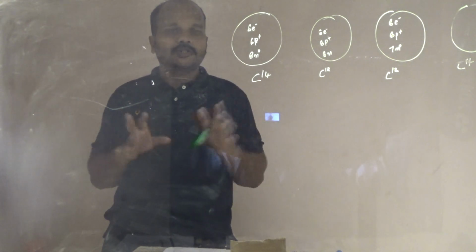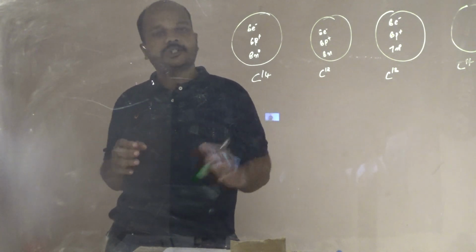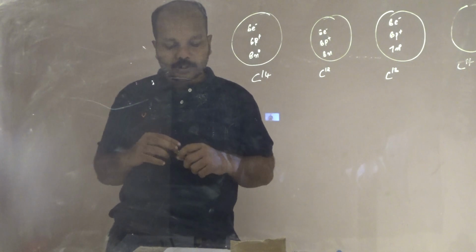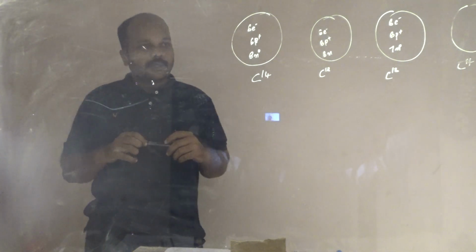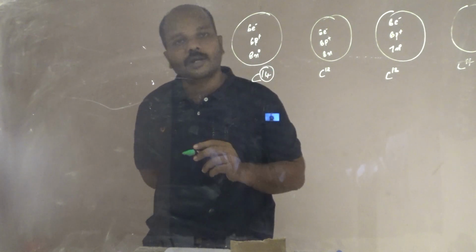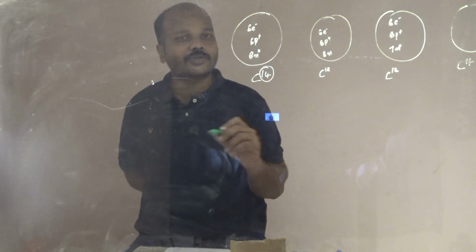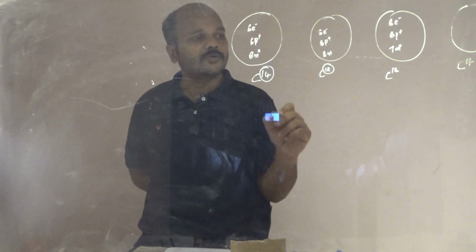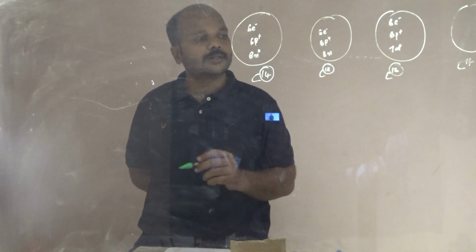They don't dissociate; these are very stable nuclei. C14 is also called carbon 14. It has nucleon number 14, this has nucleon number 12, and this has nucleon number 13.